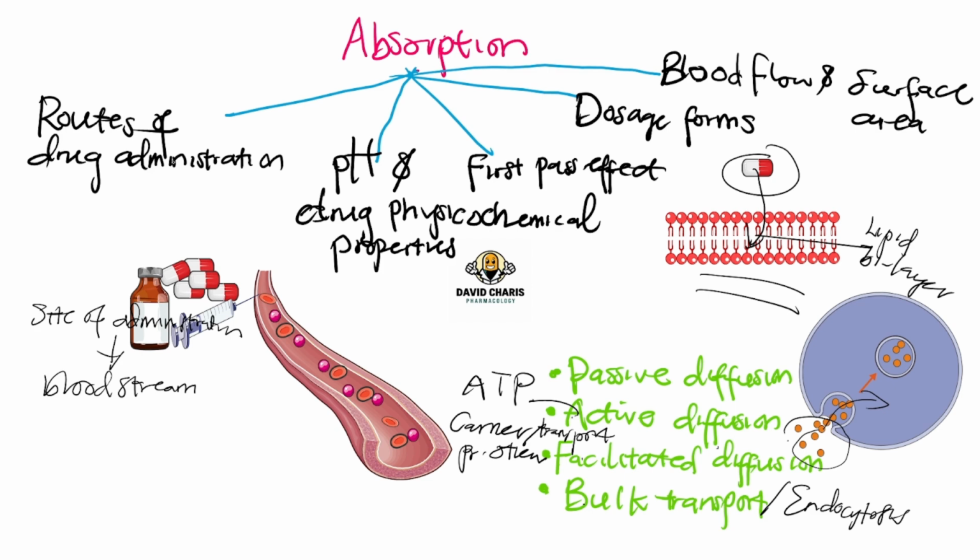Now, these are the properties that affect the absorption of the drug. We have the route of drug administration, the pH and drug physicochemical properties, the first pass effect, dosage form, blood flow, and surface area. Now, of course, we know that drugs are given through different routes. Drugs that are administered intravenously have greater rates of absorption than drugs that are inhaled.